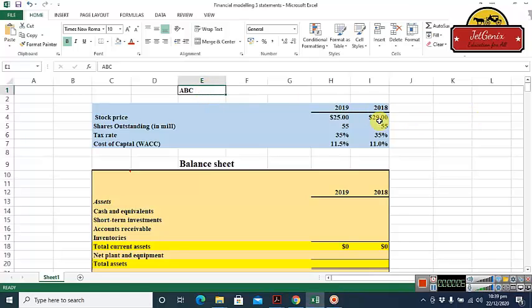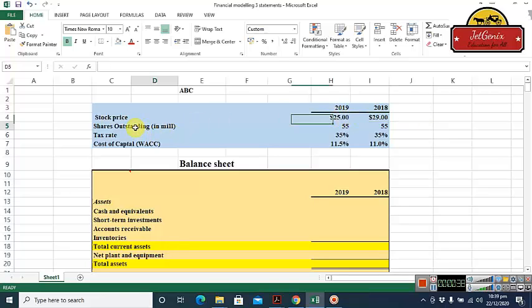Now I have typed certain data for you here, and I will explain this to you just to make it understandable. So we have the data of 2018 and 2019. The very first data is the stock price. In 2018, the ABC company has a share price of 29, and in 2019 it is 25.